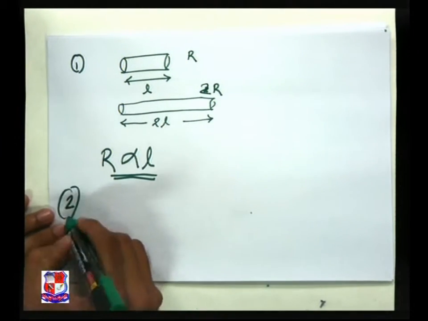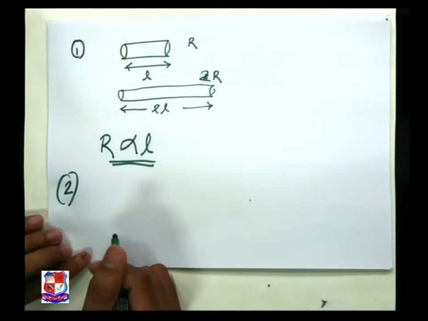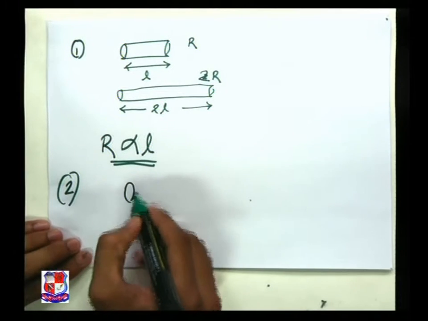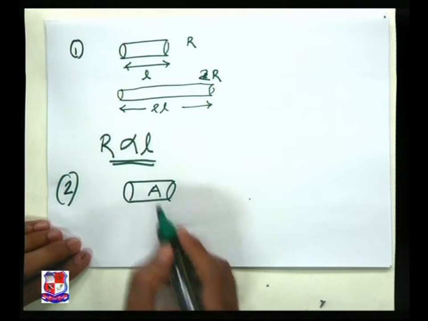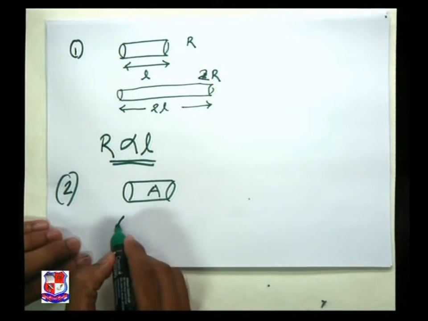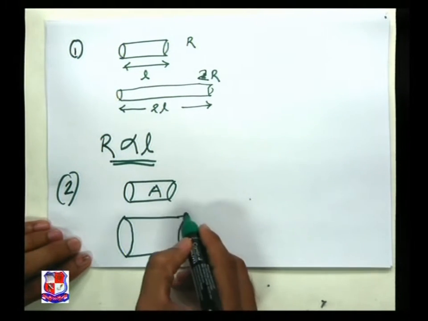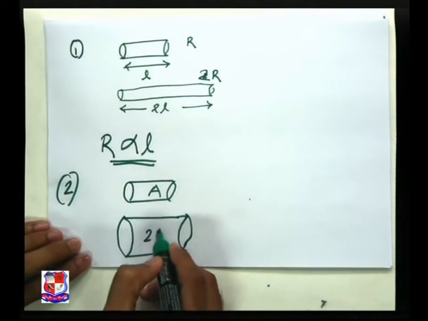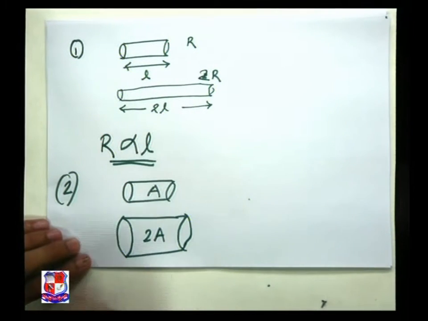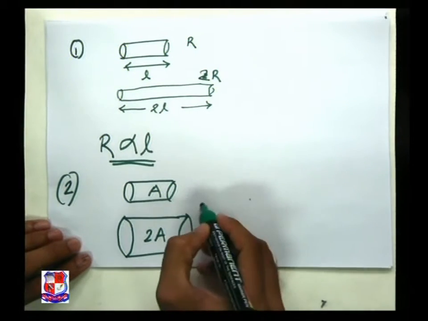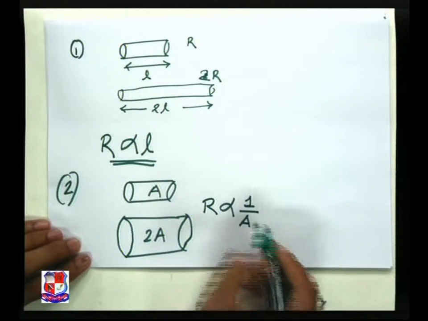Now second point, resistance depends on the cross-sectional area of a conductor. Suppose we have a conductor having cross-sectional area A. If we increase the cross-sectional area to twice A, then the resistance will decrease, because resistance is inversely proportional to area.